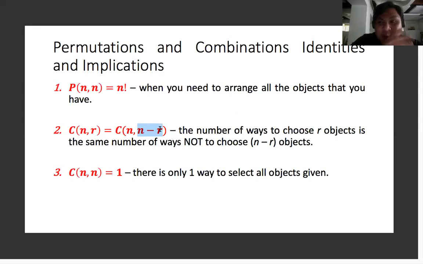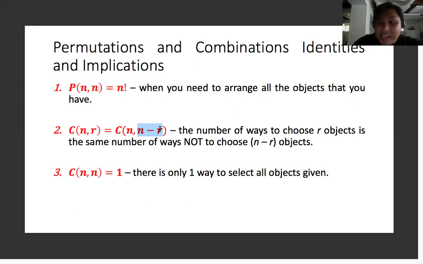So if you want to pick 2 objects out of 5, that's the same number of ways you choose the 3 that you will not pick. It's reverse, right? It's like picking the ones you'll throw in the trash. Okay, so the number of ways is the same. If you think about it really hard, it would make sense, right? Because I'm picking for keeps, or I'm picking things that I'm going to put in the trash or disregard. So they should have the same number of ways to choose.